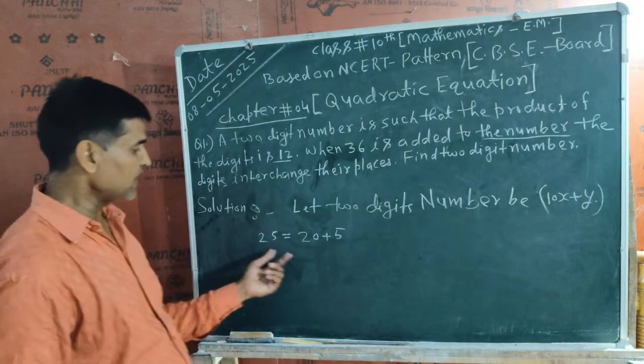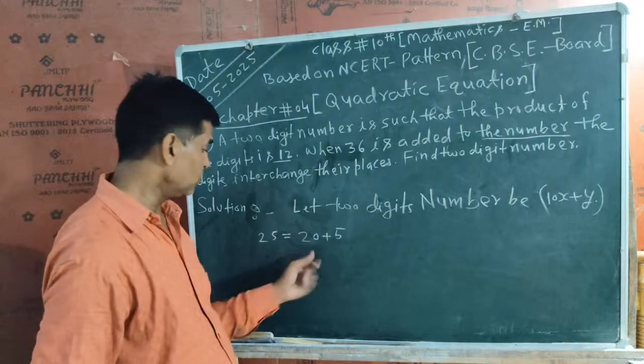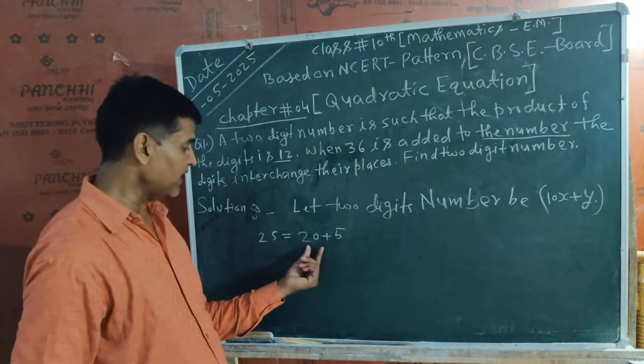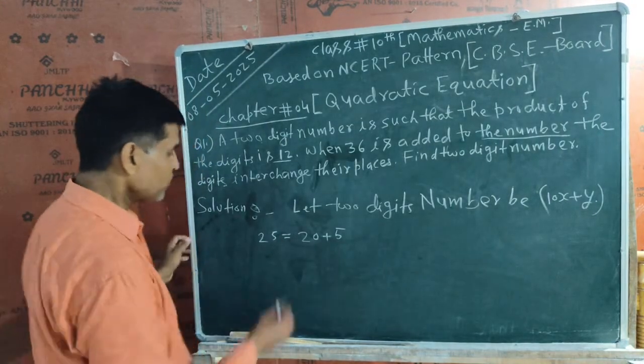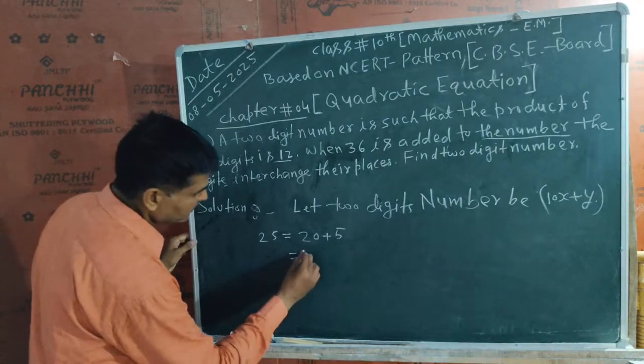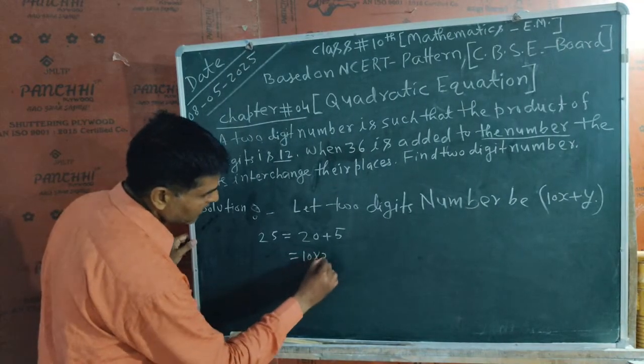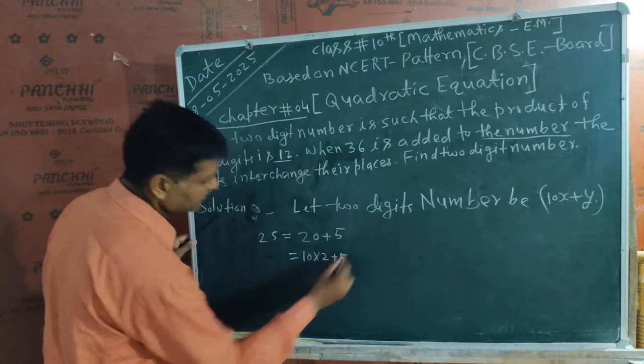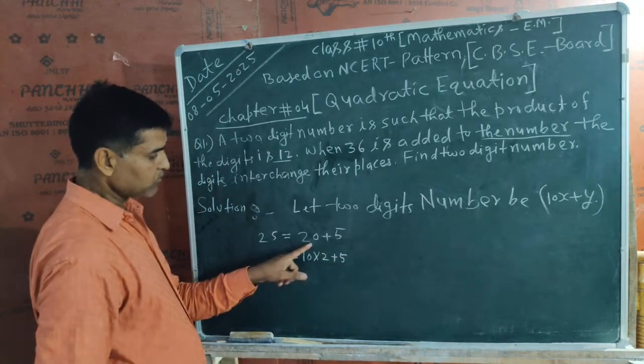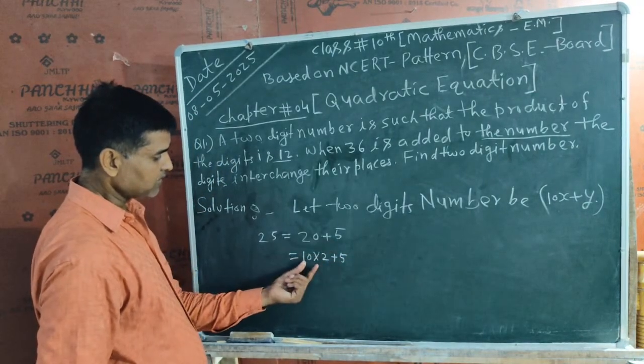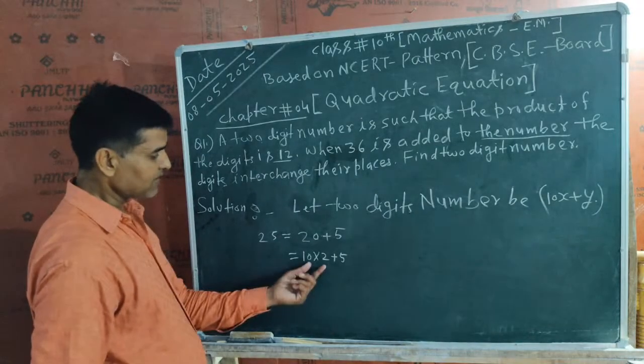Further, I can write 10 into 2 plus 5, because 10 into 2 will be 20, and plus 5. It means that 25 I can write like this.